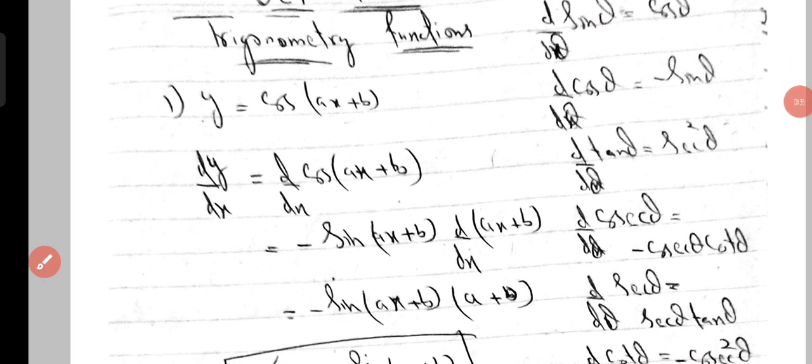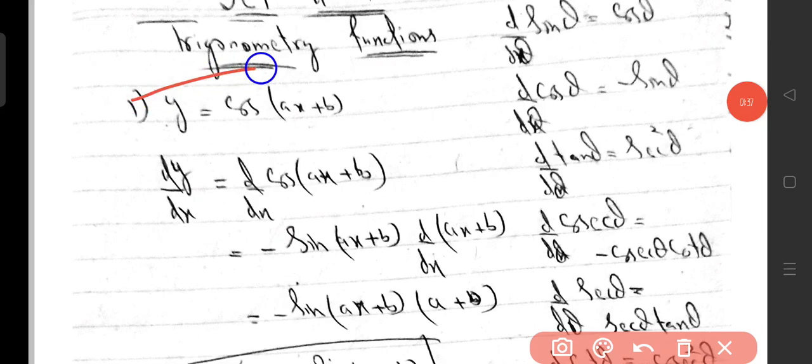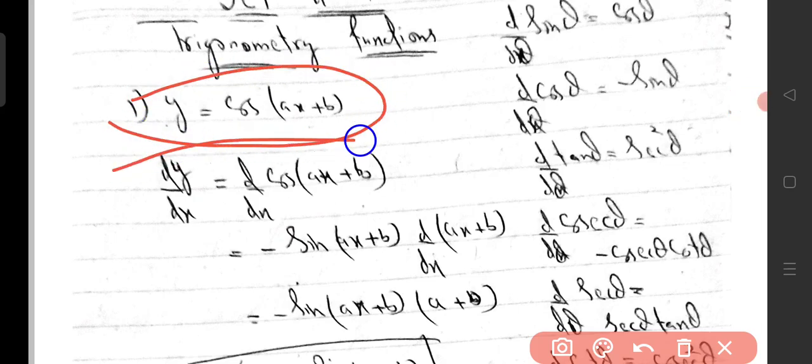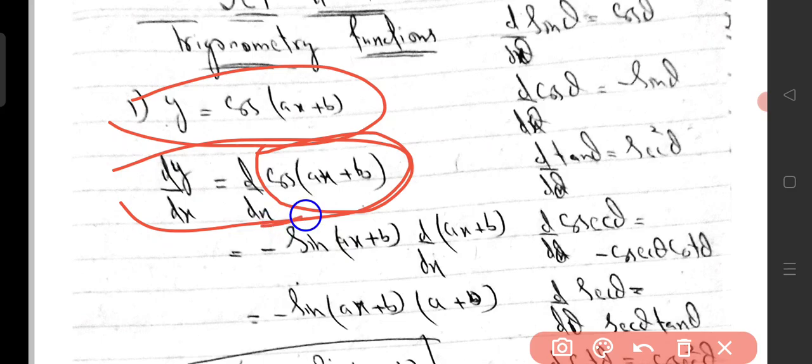So start from the first question. y is equal to cos of ax plus b. The derivative of cos theta is equal to minus sine theta. So I will call this thing box.